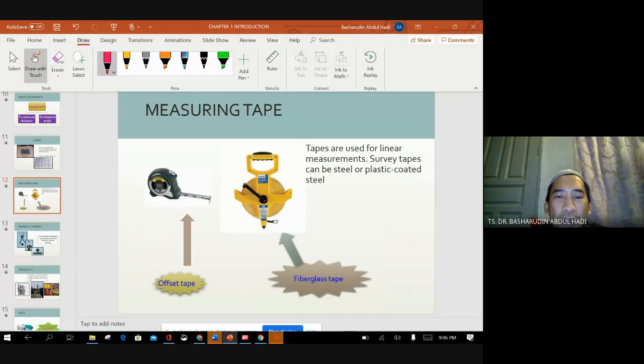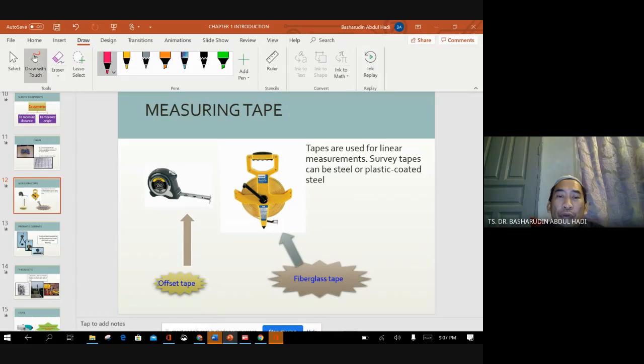Now we're using fiberglass tape. I think you already use it. Yes, we have fiberglass tape in our store, and tapes are used for linear measurement. Survey tapes can be steel or plastic coated steel. This is the fiberglass, or the plastic coated steel, or steel.